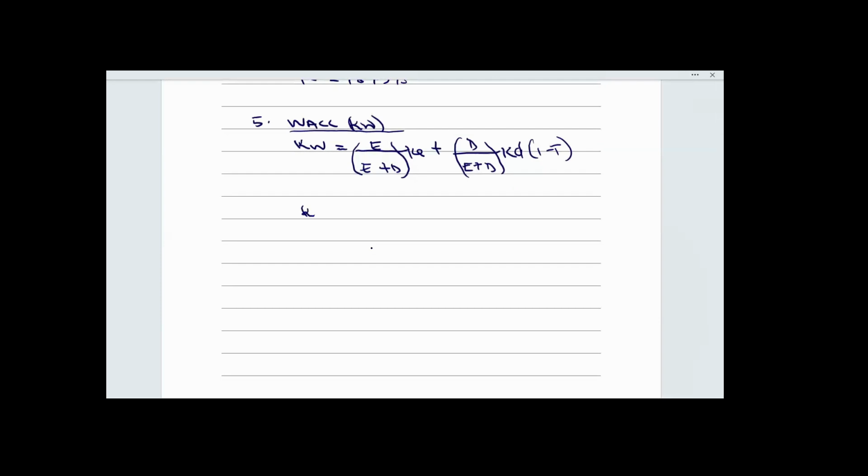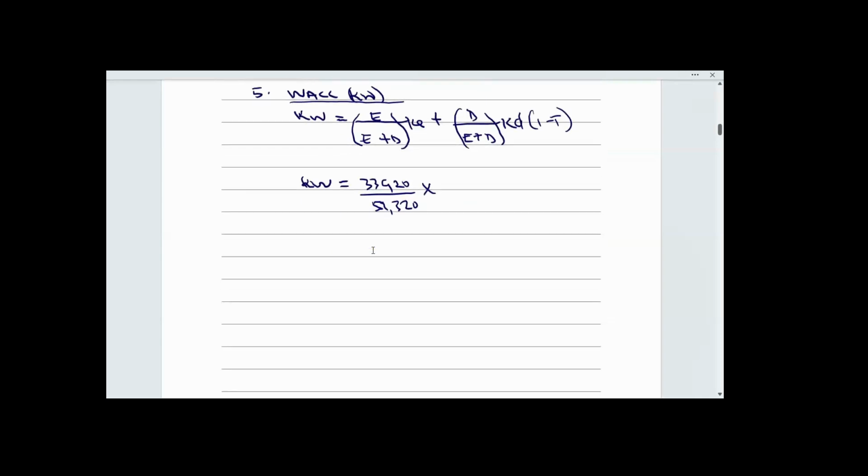Yes, the WACC will then be equal to the equity value of Kilimanjaro we calculated, 33,920, over the total value of equity and debt, 51,320, multiplied by the cost of equity we just calculated, which is 18.73%, plus the other side.